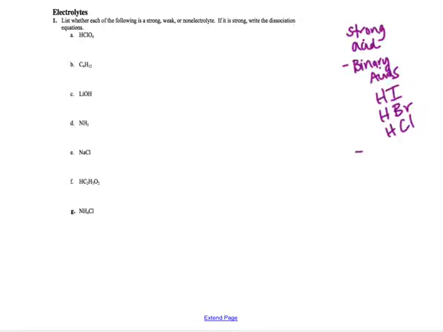Now with ternary acids, we had a little rule of thumb. The things that have polyatomics in them. How did we determine if something was strong? Was that ratio? Exactly. You have to have 2 or more O's than H's.